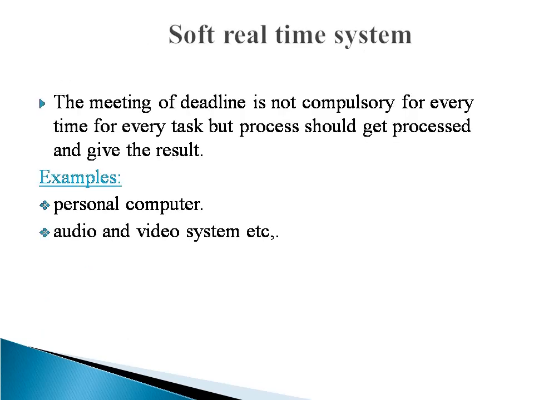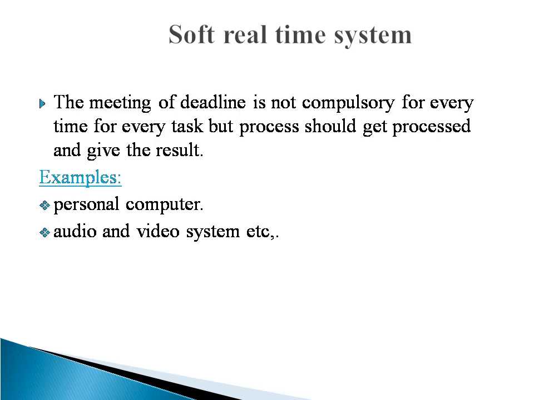Then what about the soft real-time system? Some delays are accepted, whereas the hard real-time system does not accept delay; the soft real-time system is very soft. That means in a soft real-time system, meeting the deadline is not compulsory for every task and every time, but the process should get processed and give the result.